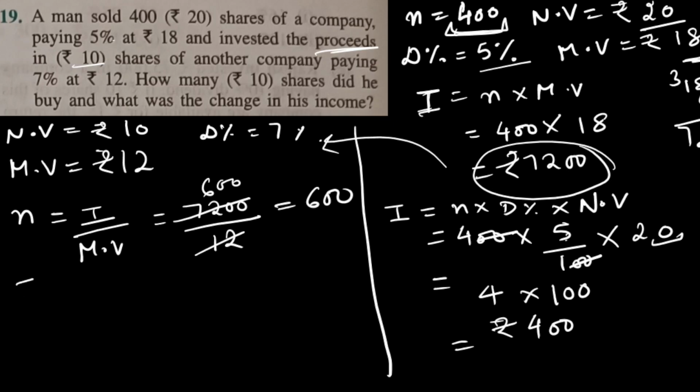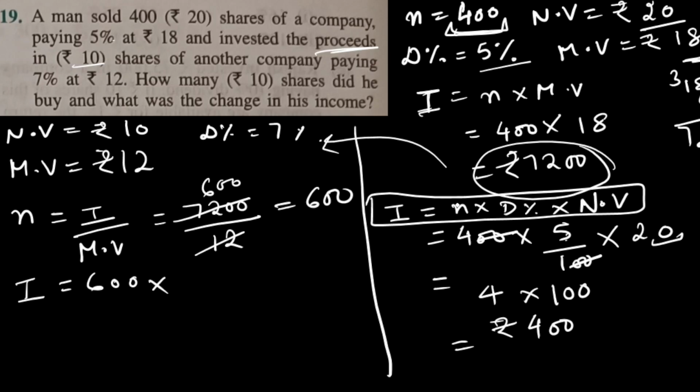Now let's find income for this part. Same formula, I'll not rewrite the formula. See, this is the formula we have to use. How many number of shares are there? Just now we have found. For this one, number of shares 600. Dividend percent given to us for this one is 7%. So 7 by 100. Nominal value for this one is 10 rupees. Don't mix the things.